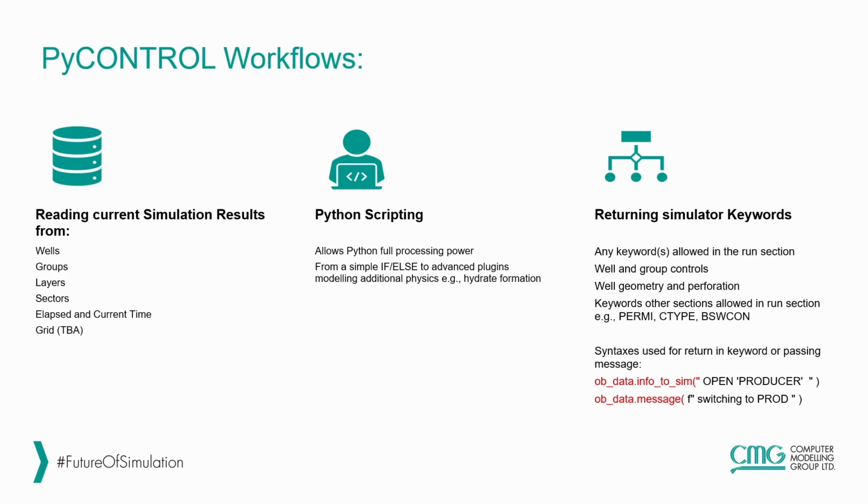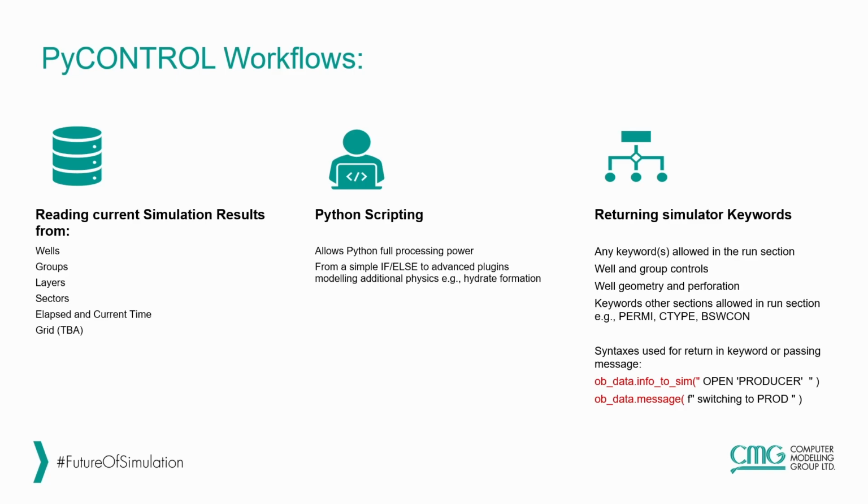On top of that, GEM, IMEX, and STARS also accept keywords from other sections, things like permeability or endpoint scaling can be updated in real time. But in many cases, users just want to update their well and group controls, or change the geometry of the well, adding a skin, or those sorts of more commonly used remedies.